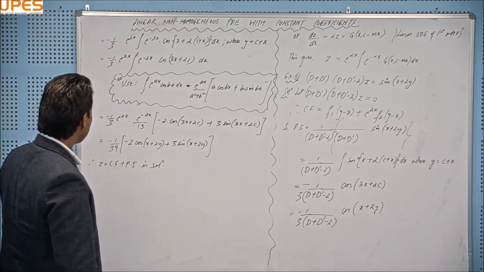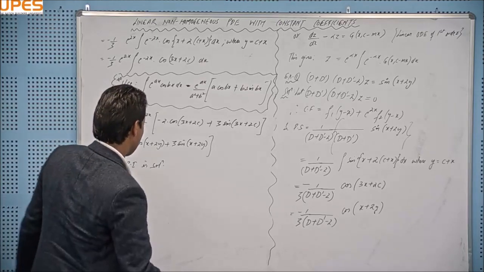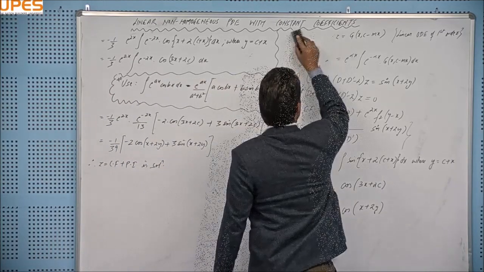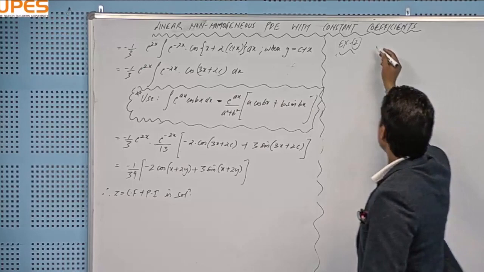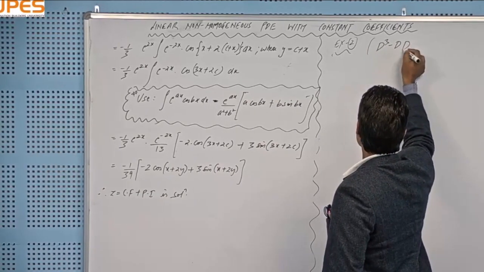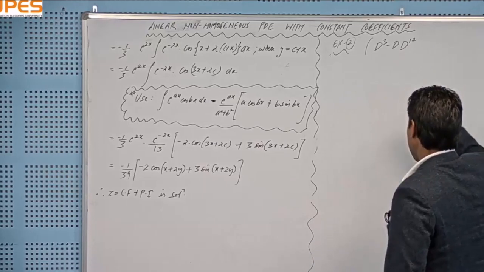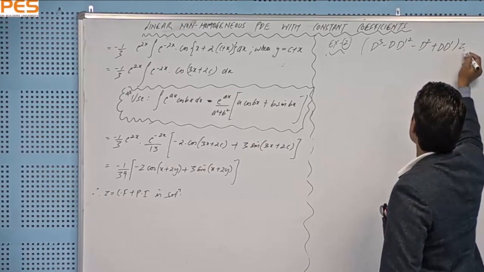Okay, so taking another example, example number 2. Let me write D cube minus D dash squared, minus D squared plus D dash, z, right?